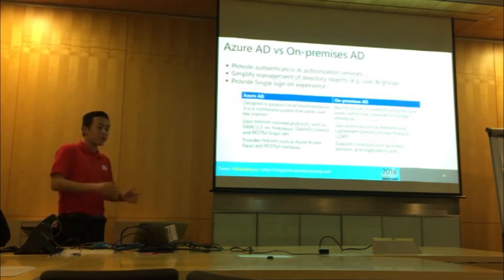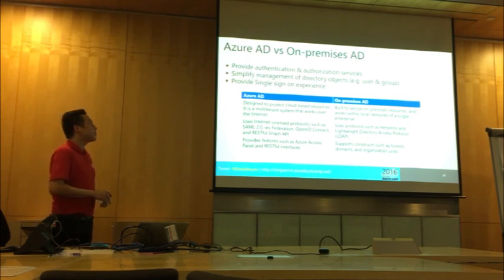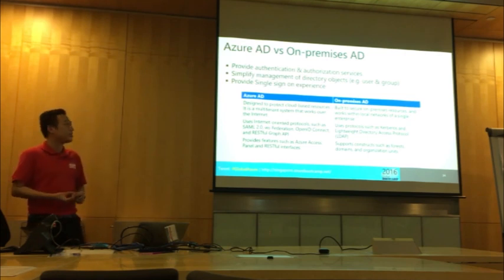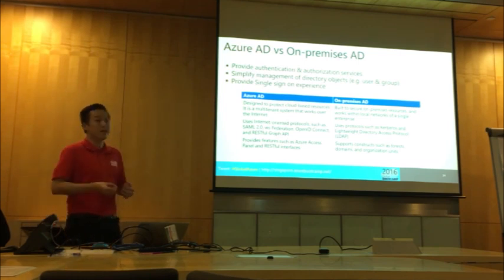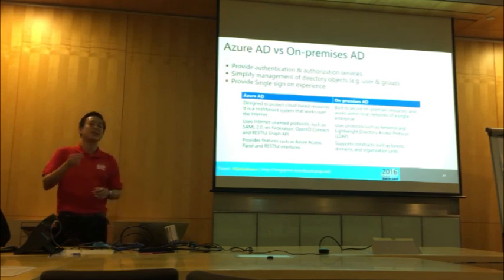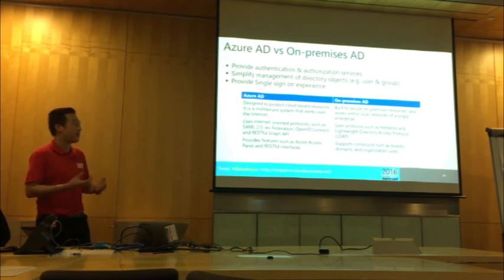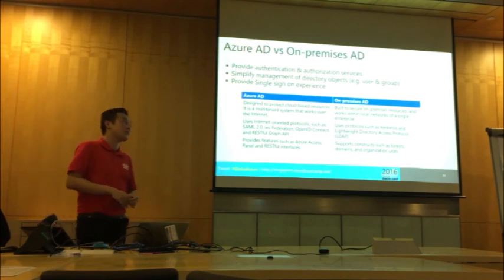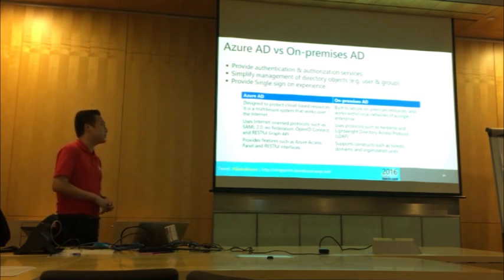Alright. So whether Azure AD or on-premises AD, these are still providing authentication and authorization services and are used to secure your resources. But there is a main difference. Azure AD is used to secure cloud-based resources, while on-premises AD secures resources in the local network of a single enterprise.